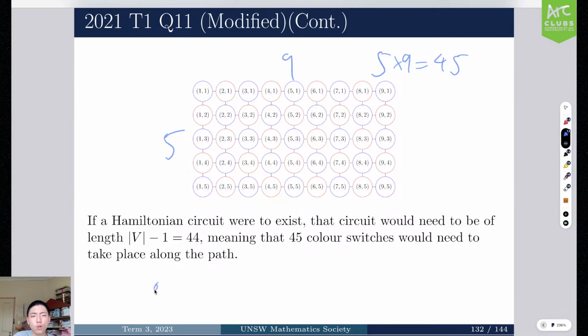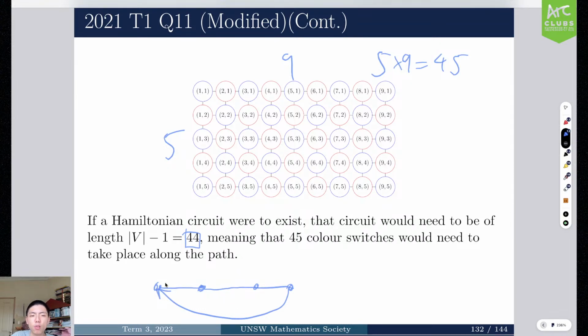So let's say if we had 2 vertices, there would be one edge that connects those two, and if there were 3 vertices, then there would be 2 edges, 4 vertices, 3 edges, right? So it's always going to be a length of 1 less than the amount. So this would actually be 44, but because you are going to end up at the very beginning, we have to add 1 to go back to where we started from, right?